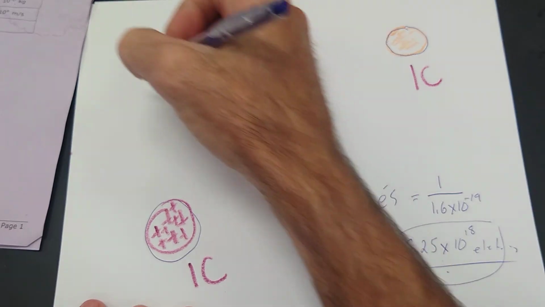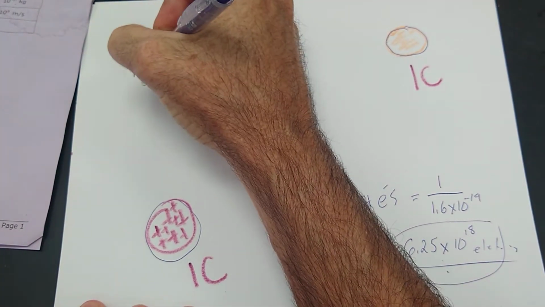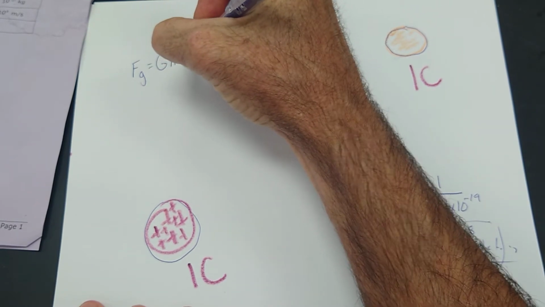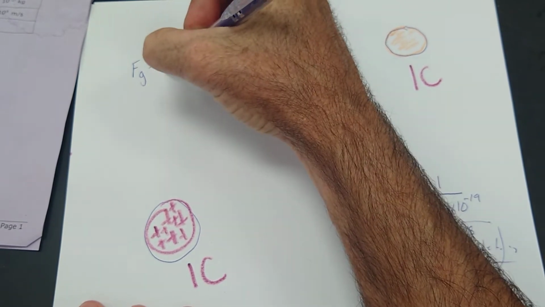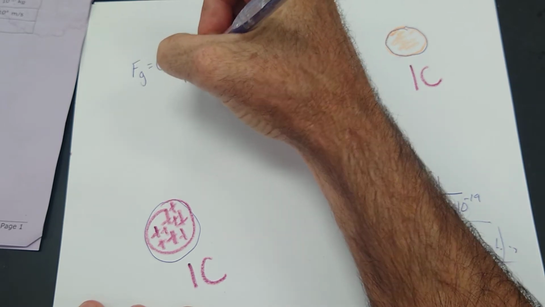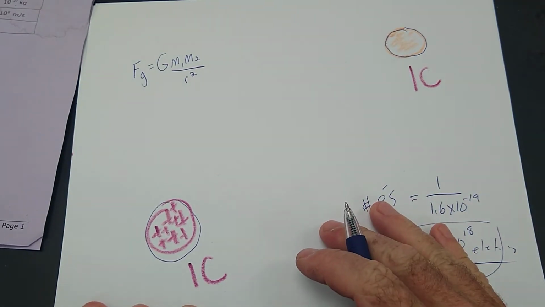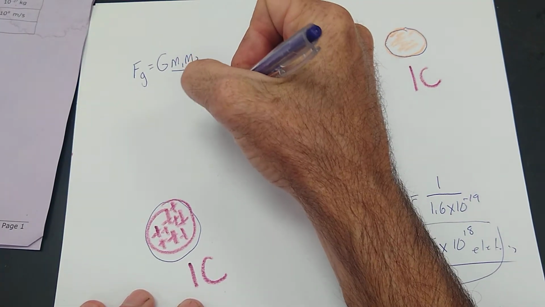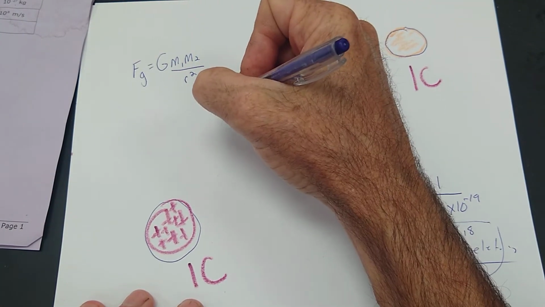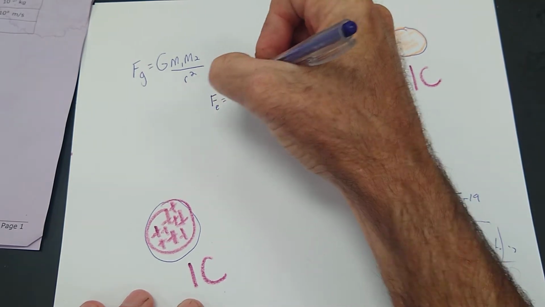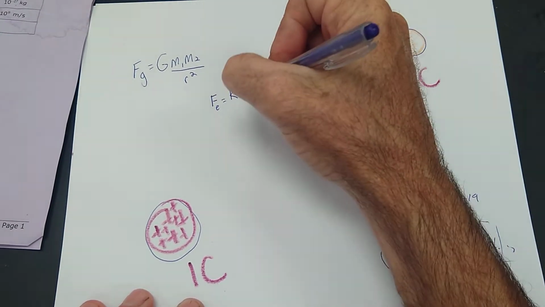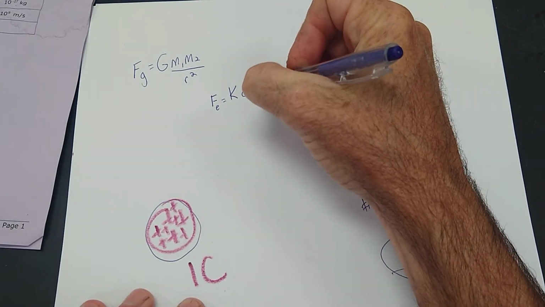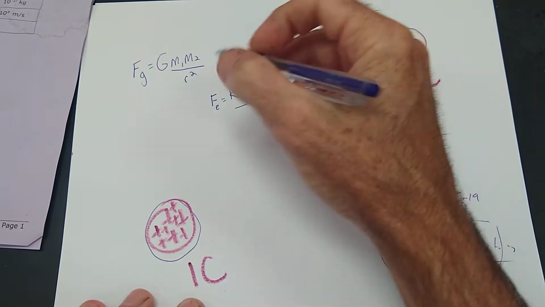Check this out. Isn't this the old formula for gravity? The force in newtons is equal to the gravitational constant times the mass of one planet times the mass of the other planet, or an object, whatever, divided by the distance between them squared, right? Well, when we talk about charges, the force of electricity is equal to K times the charge here, Q1, and the charge here, Q2, divided by, guess what?